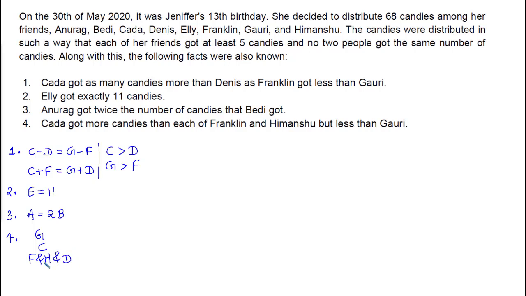So from this we can say that below Gauri there are at least 4 people, and below Kada there are at least 3 people. This is what we can conclude from the fourth statement.